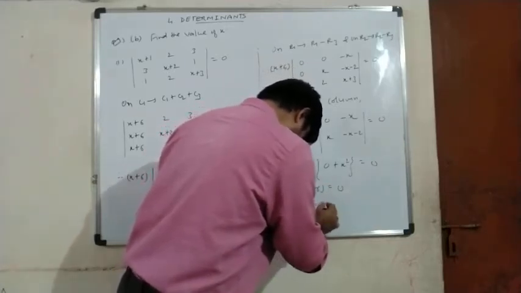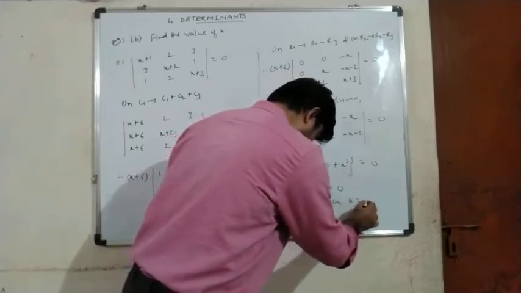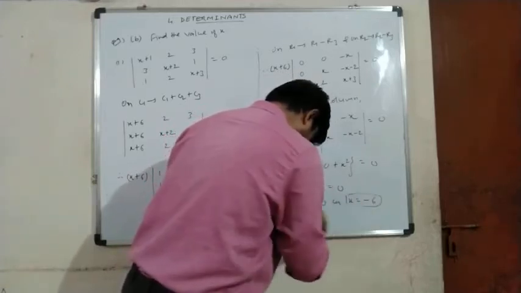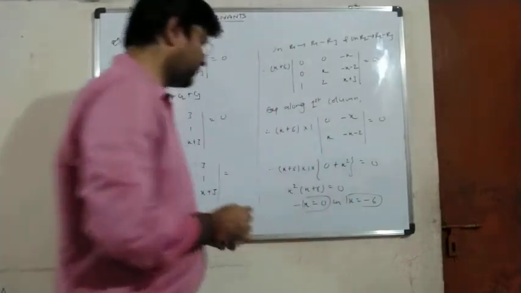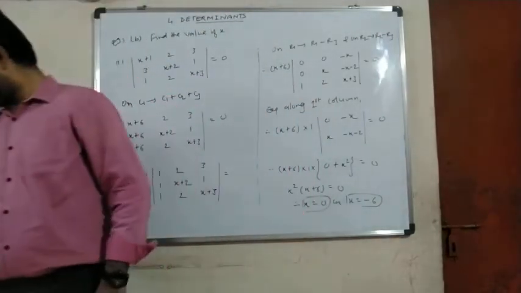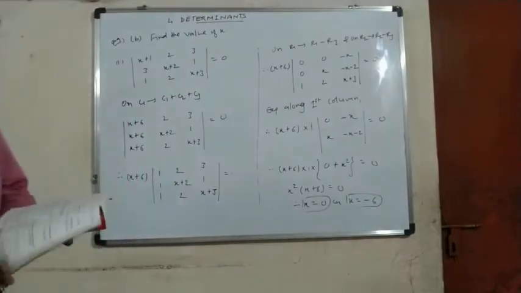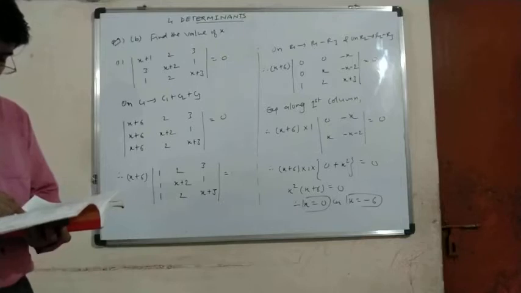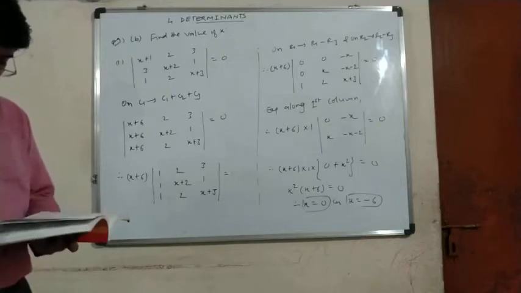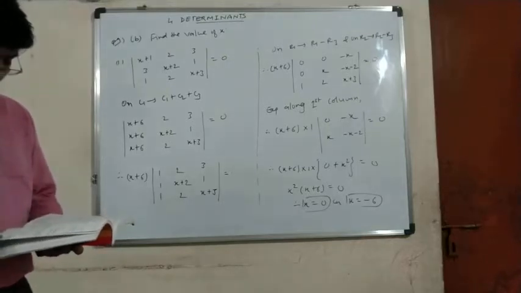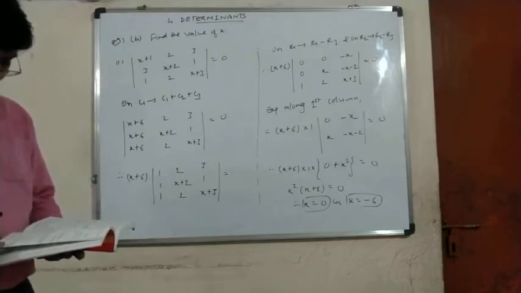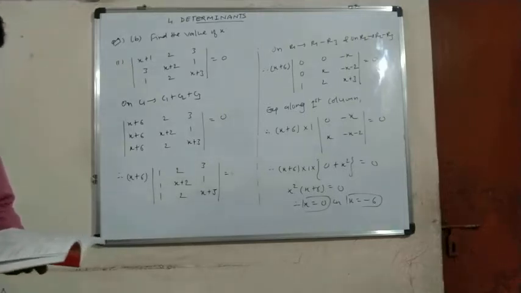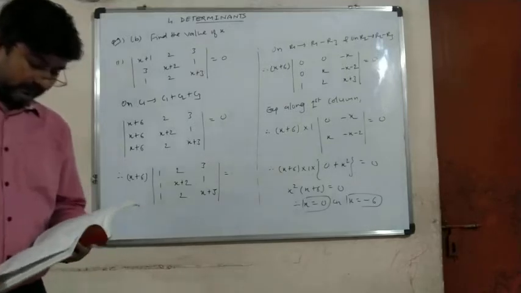Therefore, x is equal to 0 or x is equal to minus 6. So here we will get the two values of x. One is 0 and the other value is minus 6. So this is the first one of ninth B. Now let us solve the second one, second of ninth B.